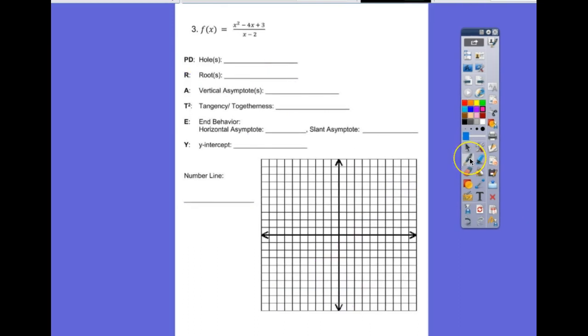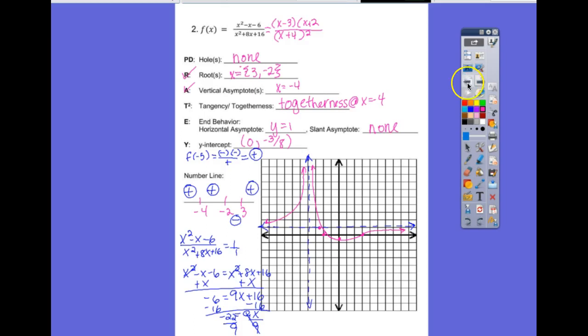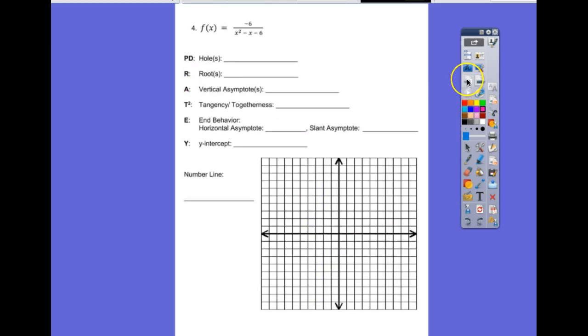All right. Okay, so here's the stuff on the last one. Okay, here's the stuff. You get none, none.